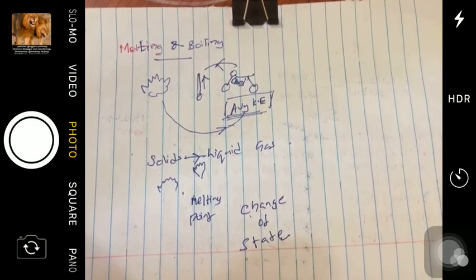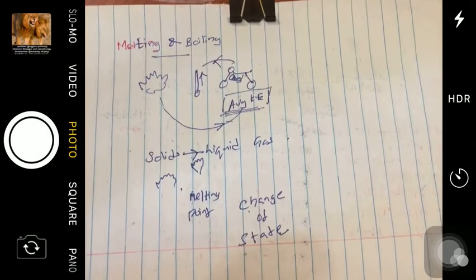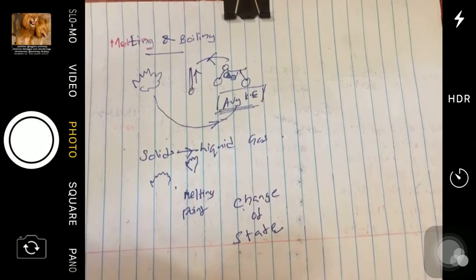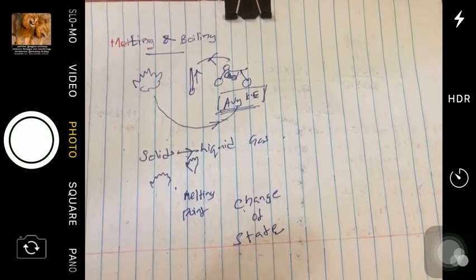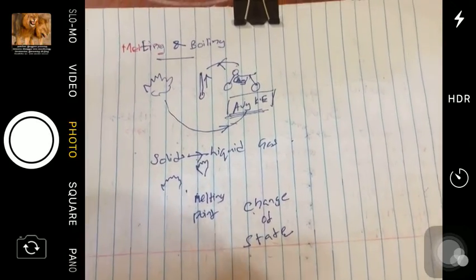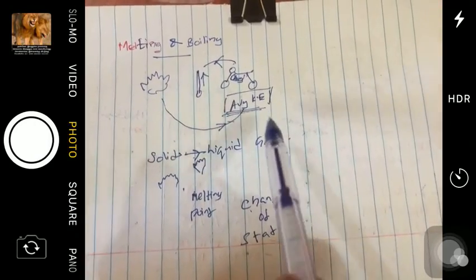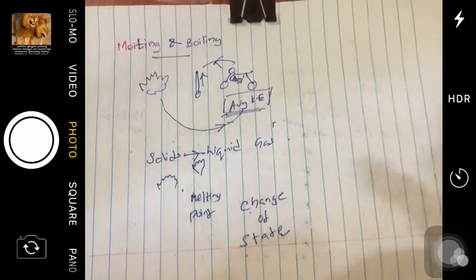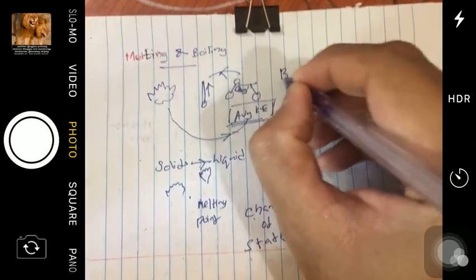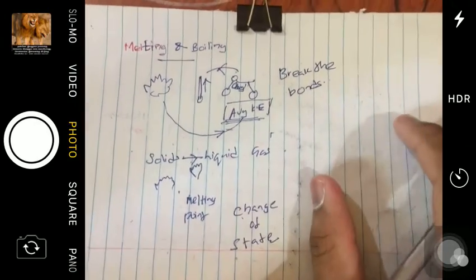You get what I'm saying? The energy that you are giving during a change of state will not be used by the particles as kinetic energy, to increase the kinetic energy, but it would be used to break the bonds.